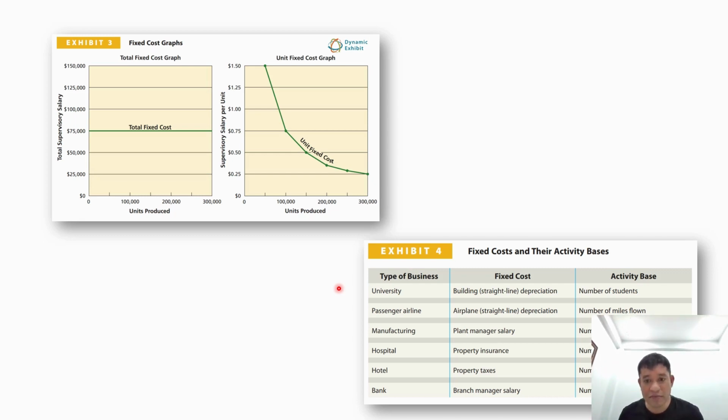For a hospital, regardless of the number of patients, the property insurance remains the same. The same with the hotel business, regardless of the number of guests, the property taxes remain the same. And for the bank industry, regardless of the number of customer accounts, the branch manager salary remains the same.